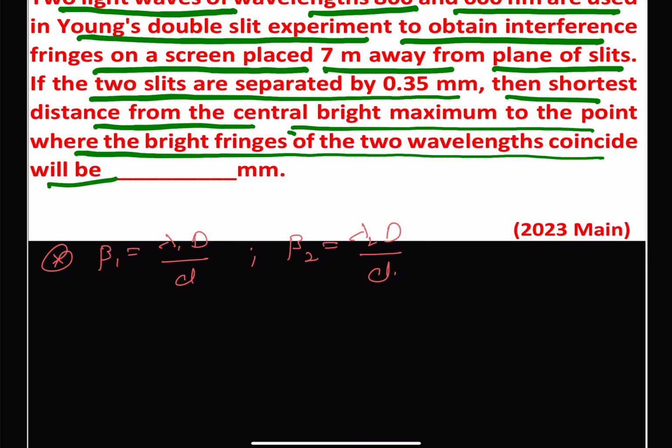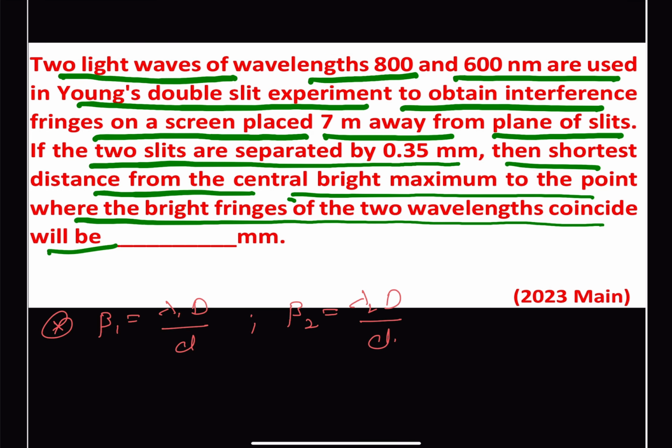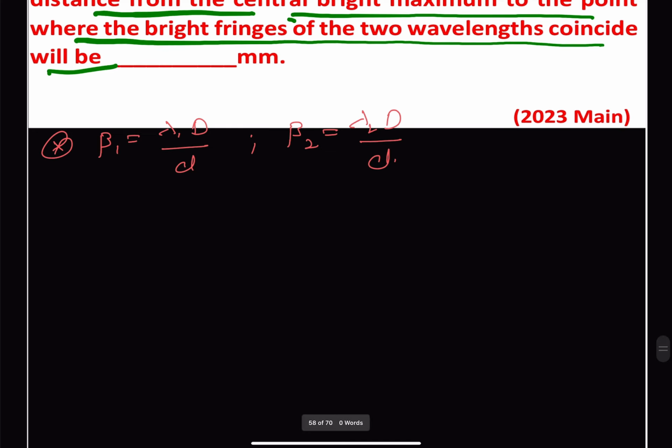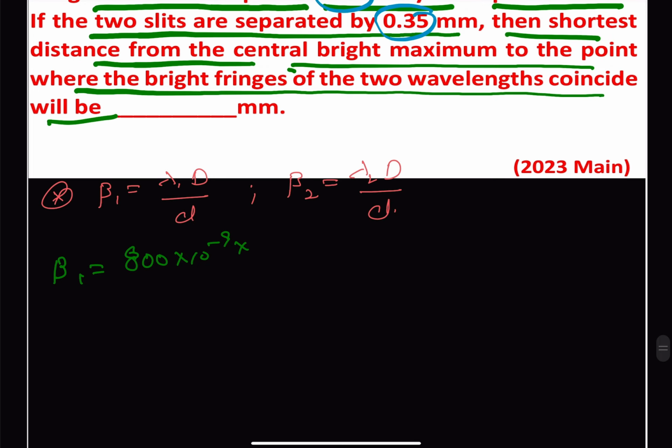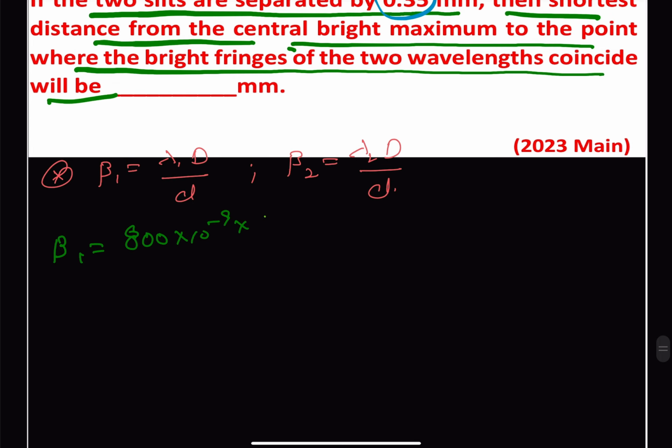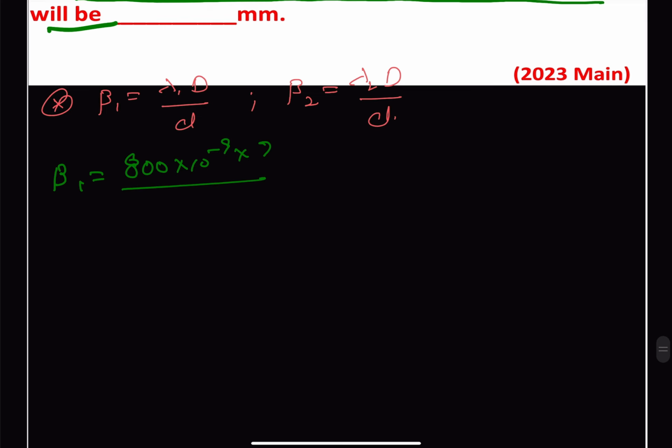We are given that the slits are separated by a distance of 0.35, and the screen is 7 mm away. So we substitute the values. For beta 1, lambda 1 is 800 times 10 to the power minus 9, capital D is 7, and small d is 0.35 into 10 to the power minus 2.